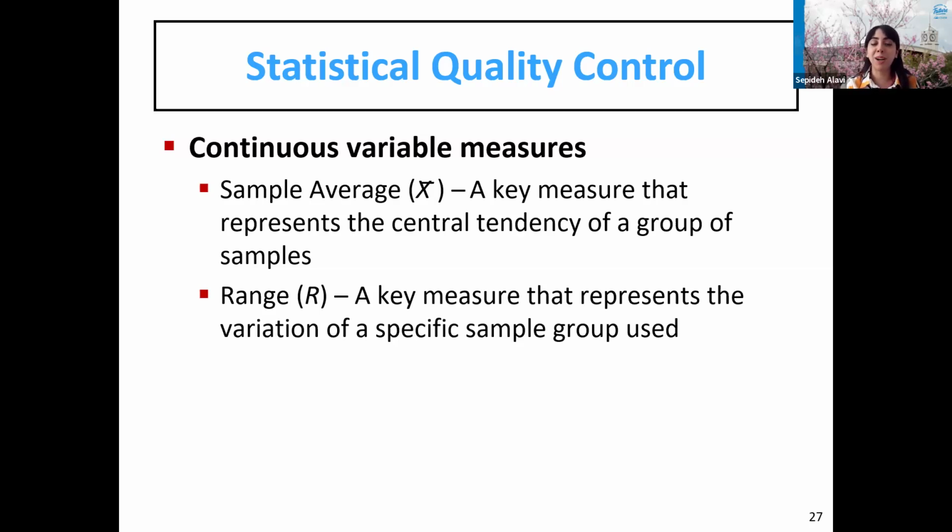To refresh your mind, the sample average X bar takes the average of the values within a sample, and the range R is the easiest or simplest type of measure for the standard deviation. The range takes the gap between the largest value in the sample and the smallest value in the sample.